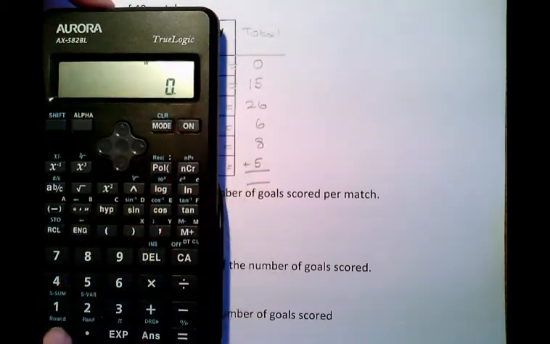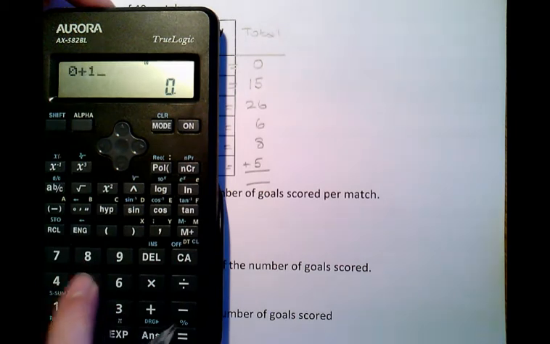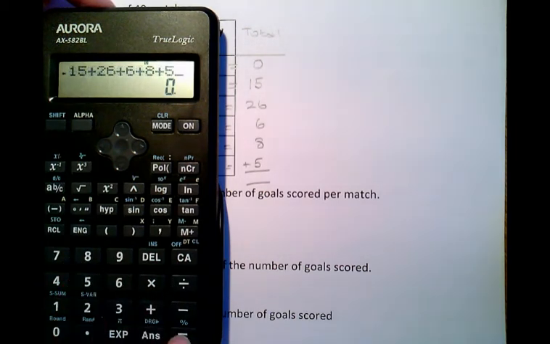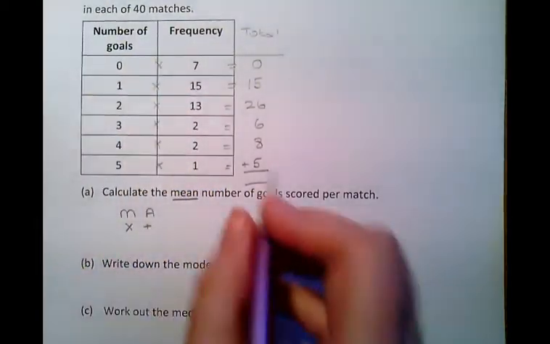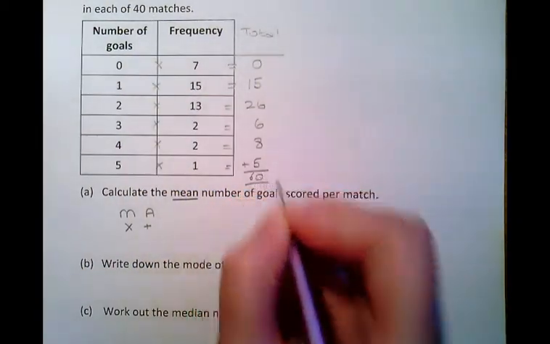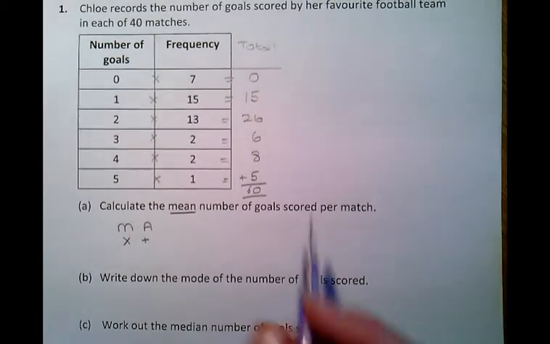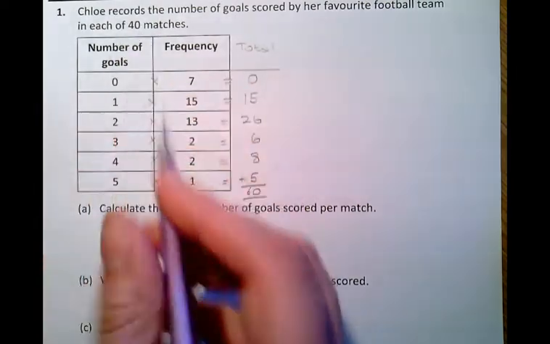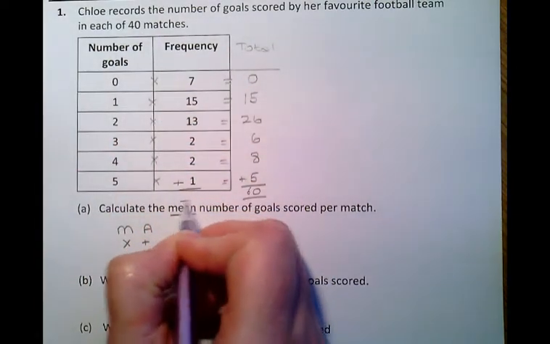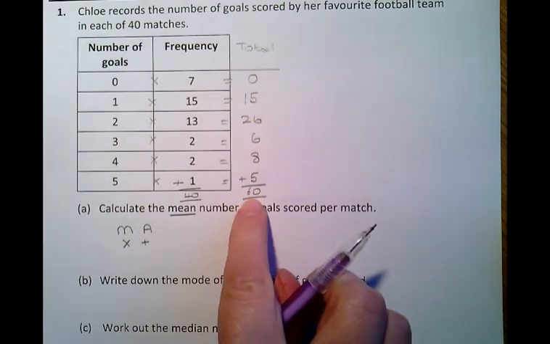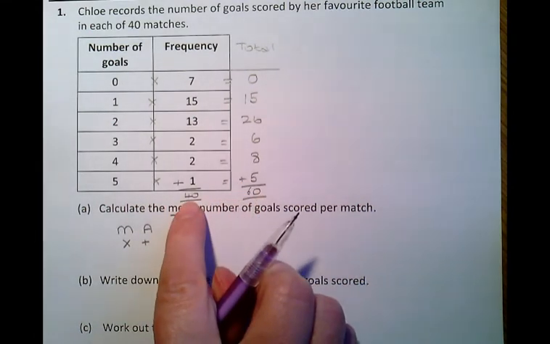So we would be adding up 0 plus 15 plus 26 plus 6 plus 8 plus 5, which totals up to 60. So there were 60 goals scored in the 40 matches, and the reason you know there were 40 matches, apart from the fact that it tells you in the question, is that that's what these frequencies total up to. So they scored 60 goals altogether from playing 40 matches.